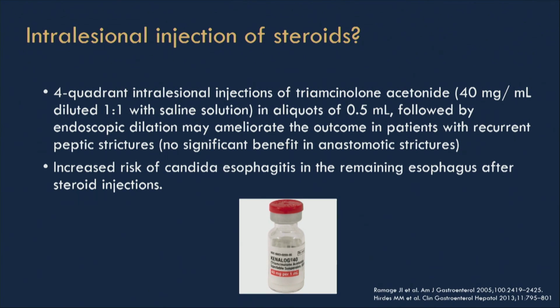There was one study that showed that in patients with recurrent peptic strictures, there is a significant benefit of this approach. No significant benefit was seen, for example, in anastomotic strictures. You have to realize that if you inject corticosteroids in the esophagus, and you do this often, there will be an increased risk, of course, of Candida esophagitis, as is seen also with inhalation therapy, as you know.